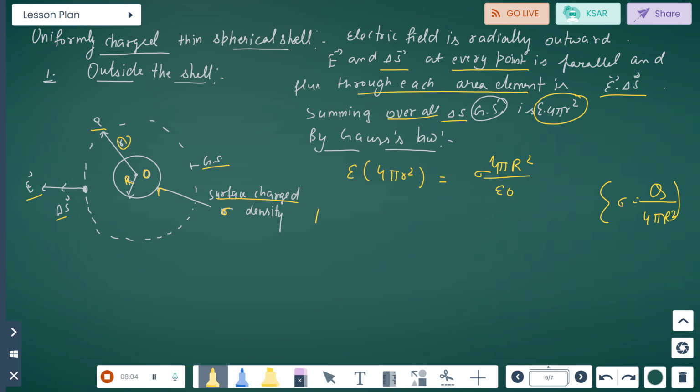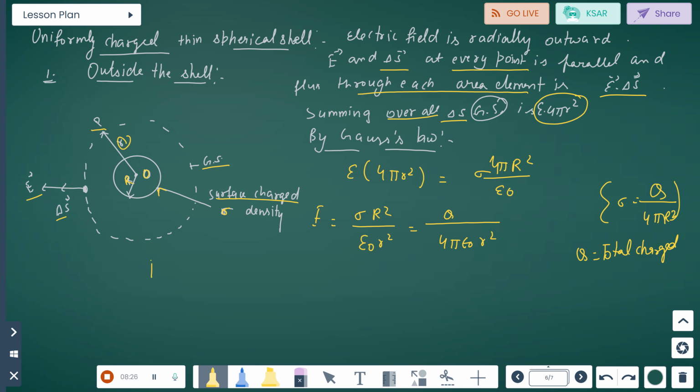So E equals sigma r square divided by epsilon naught r square, equals q divided by 4 pi epsilon naught r square, where q is the total charge on the spherical shell.